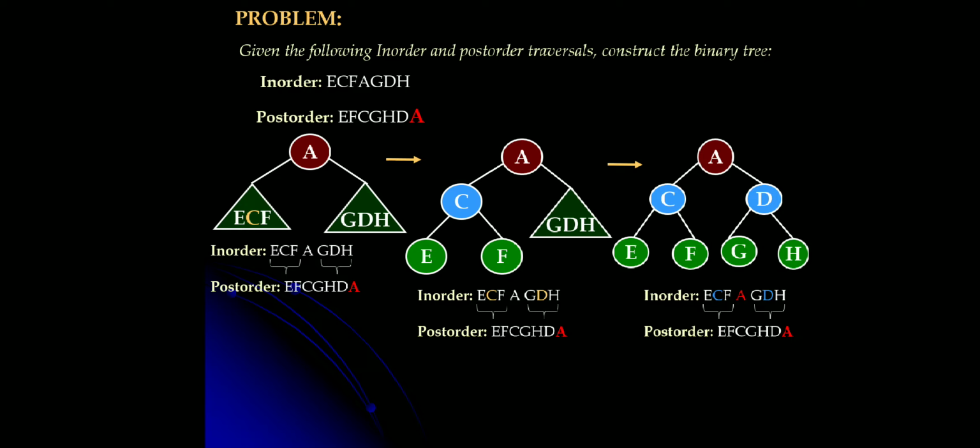Whenever you are doing pre-order and post-order traversal, see which node is appearing first in the pre-order traversal. In case of post-order traversal, to identify the root you need to find out which node is appearing last, right? So this is a simple problem. You can be given different in-order, pre-order or in-order, post-order traversals, and you may be asked to construct a binary tree.